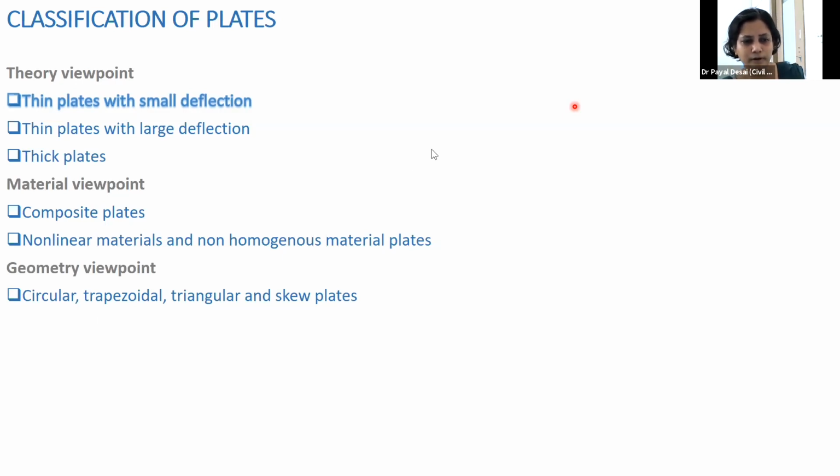And from the geometry point of view, we have circular, trapezoidal, triangular or skew plates of various shapes. Or you can use different coordinate systems to analyze this kind of plates.